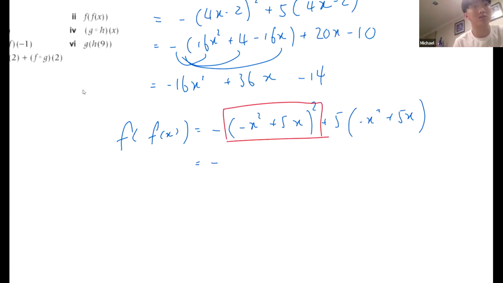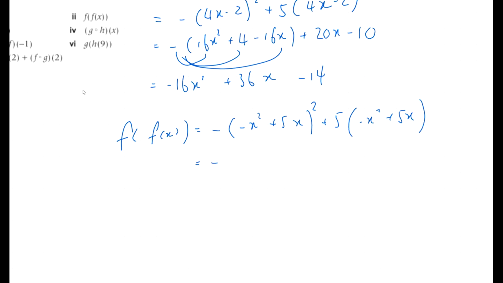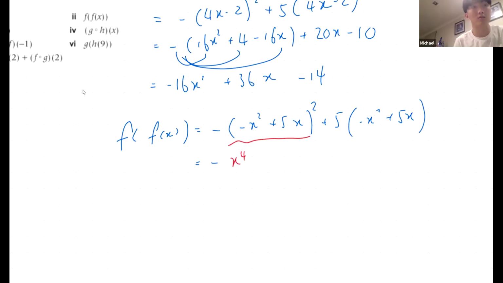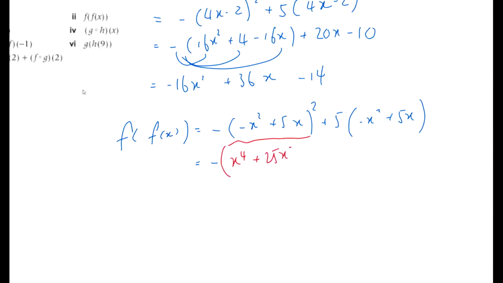That gives you negative x squared, squared. That is x to the power 4, positive, since the negative sign gets canceled out. Then 5x squared, 25x squared, right? So a squared, b squared, 2ab.